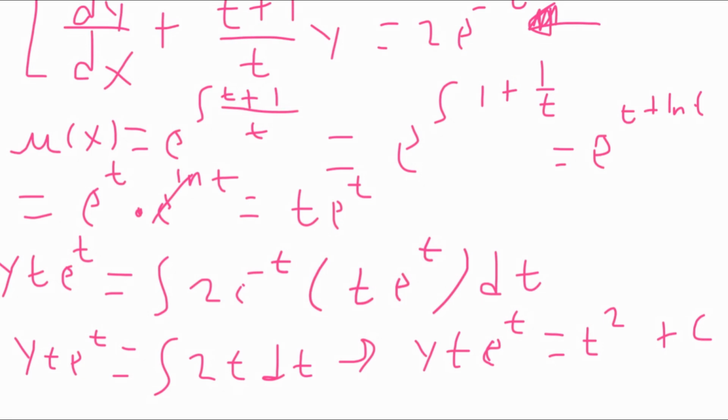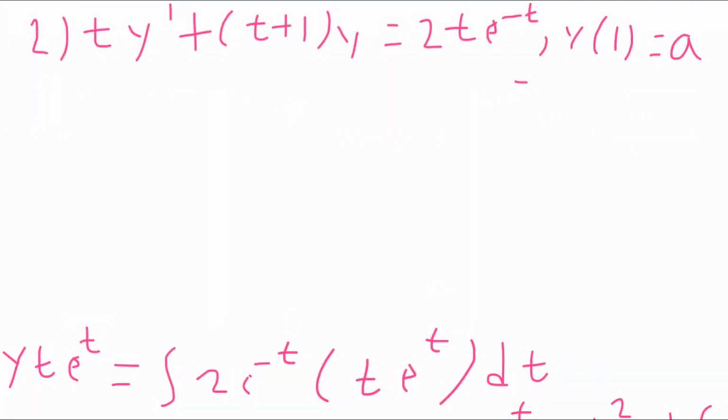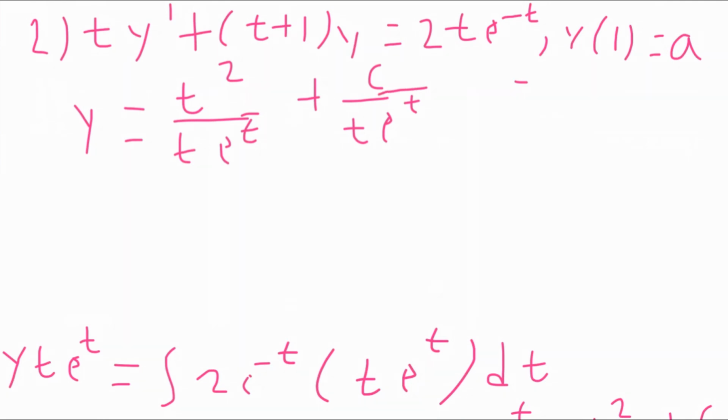And now this just becomes y is equal to t squared over t e to the t plus c over t e to the t. However, this is an initial value problem, so we need to make sure to plug in the initial value and solve for c.